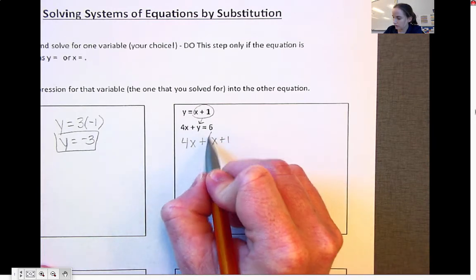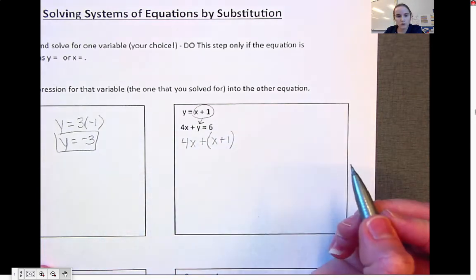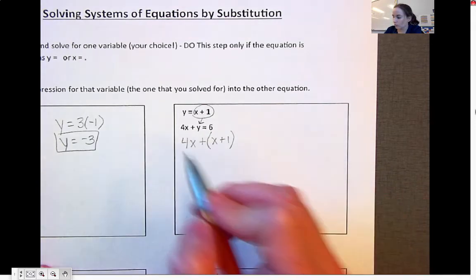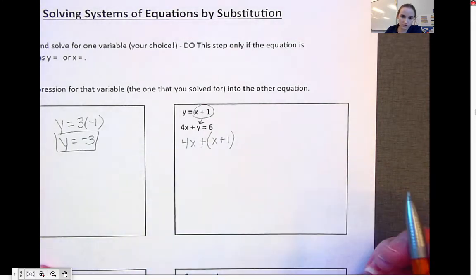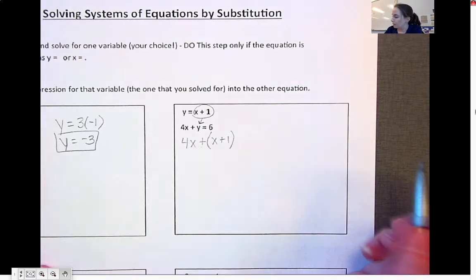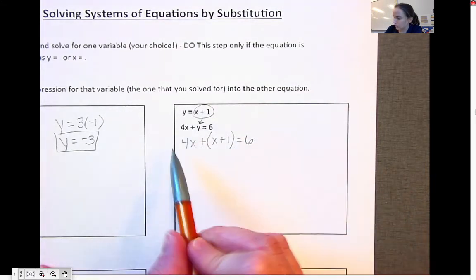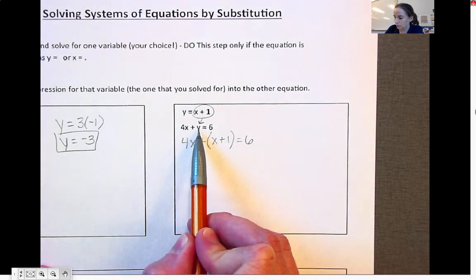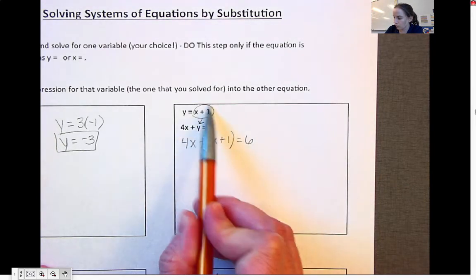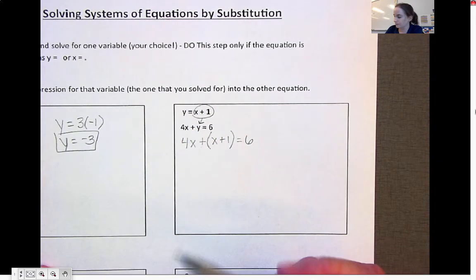I usually like to keep this in parentheses just in case there were a negative out here that I was going to have to distribute. Then continue writing, equals 6. So all I did was rewrite this, and instead of putting y, I put in what y equals in the first equation.